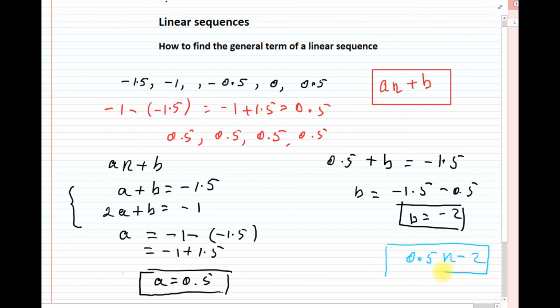Let's do this right. There we are. 0.5n minus 2. So if I put n equals 1, I'll get minus 1.5. If I put n equals 2, I'll get minus 1, and so on.